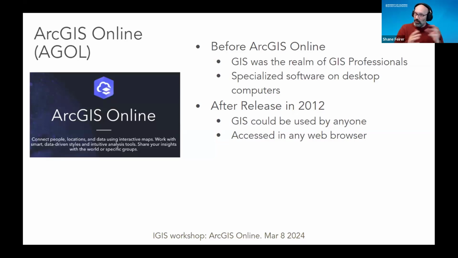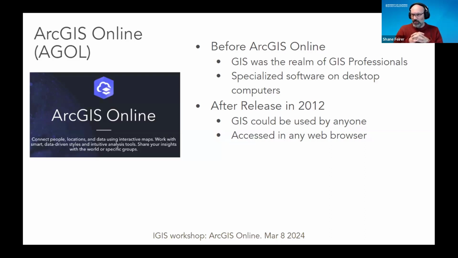That's changed a little bit in more recent years. You have QGIS that works on Macs, Linux, and Windows. But in general, GIS was the realm of Windows and sometimes Linux. After the release of AGOL in 2012, GIS could basically be used by anyone because GIS became accessible in the browser.